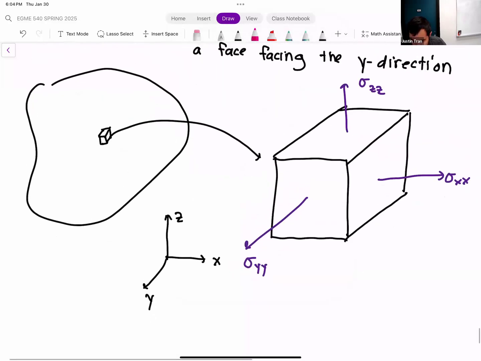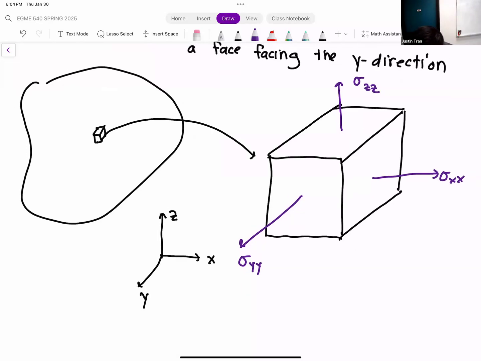Okay. Oh, and this cube here, we assume it's in static equilibrium. So there is an equal and opposite force on both sides. On the other side, it's a little bit hard to draw because it's obscured, but there is another sigma xx on the face that's opposite to the other one.